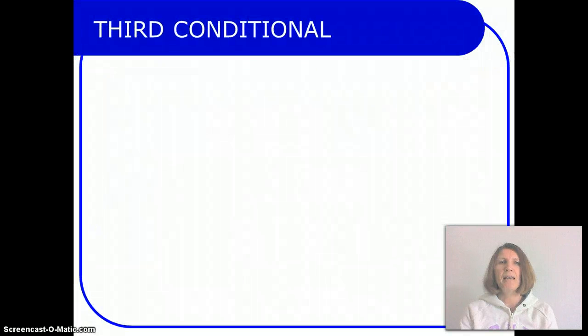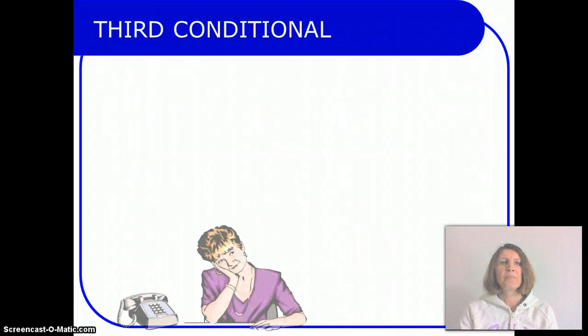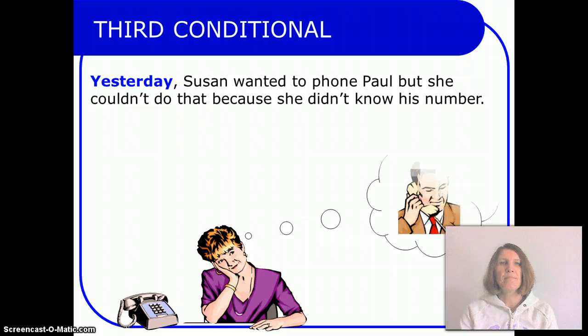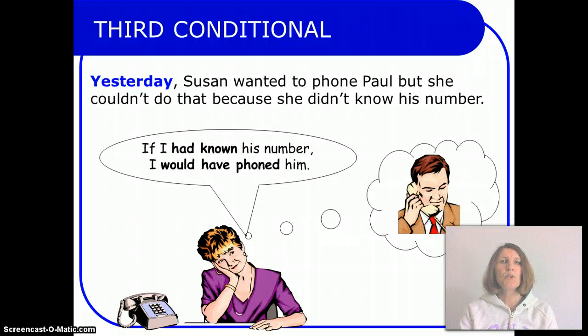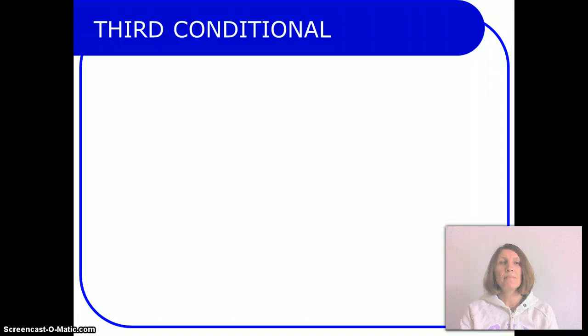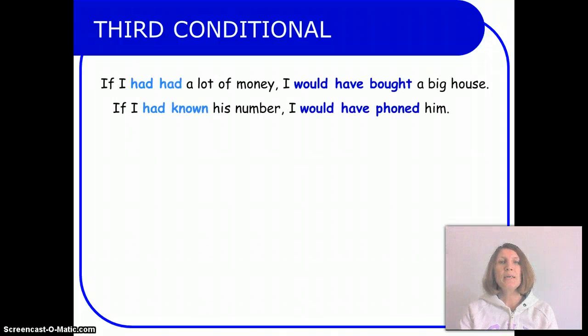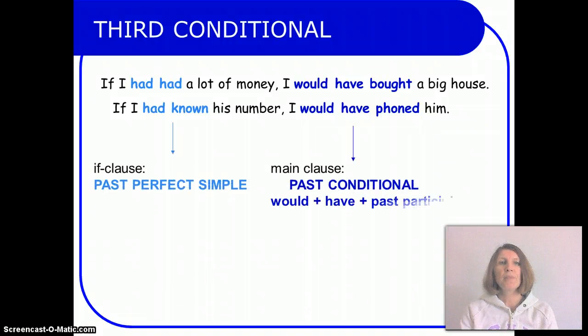Did he have a lot of money? Look at Susan again. Yesterday, Susan wanted to phone Paul, but she couldn't do that because she didn't know his number. If I had known his number, I would have phoned him. But she didn't. So here are the two examples. What's the rule for the third conditional?